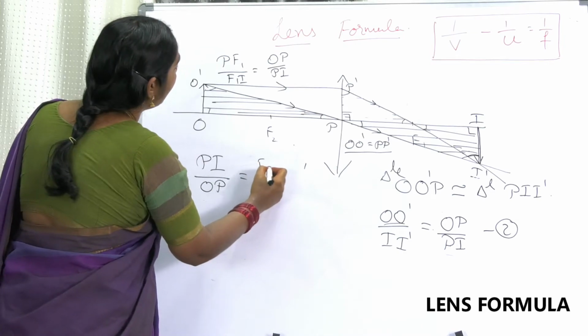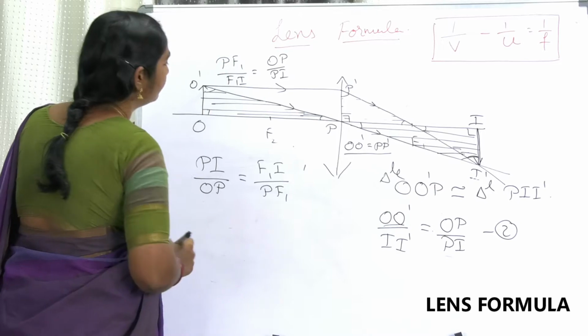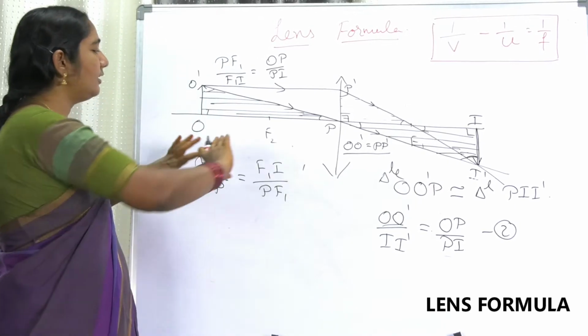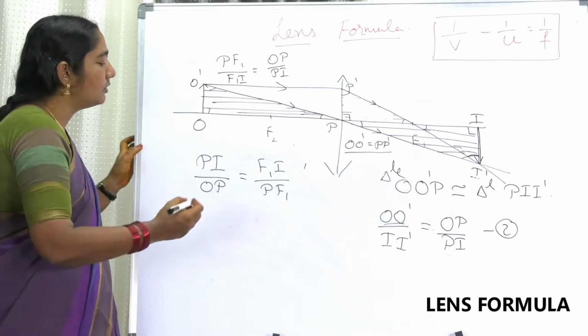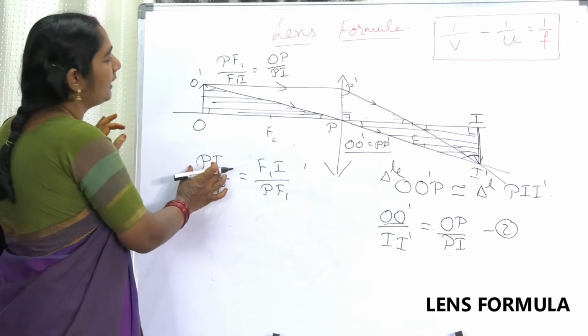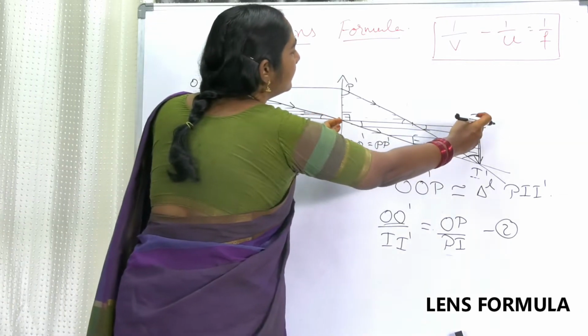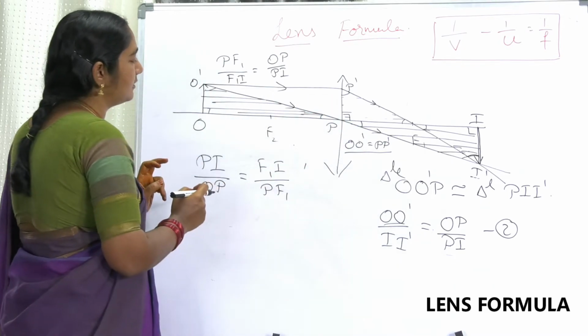Okay. So Pf1 by Pi. I think now you understood. Just we have taken the reciprocal. Now my dear friends, you can see here Pi means this is the image distance. PO means the object distance.